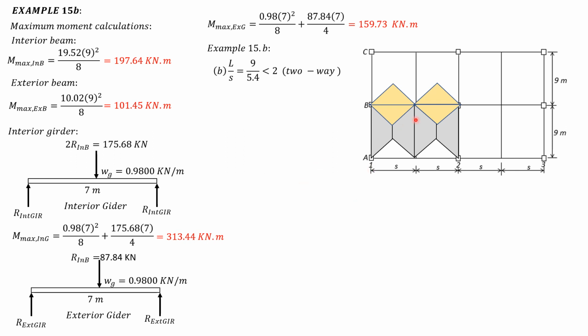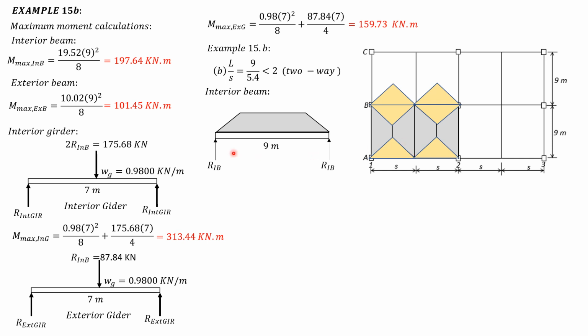So let's begin with the interior beam. We have a trapezoidal loading. As you can see here, 45 degrees. So this is S over 2, so that's also S over 2.